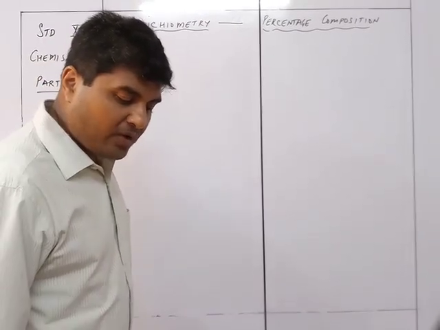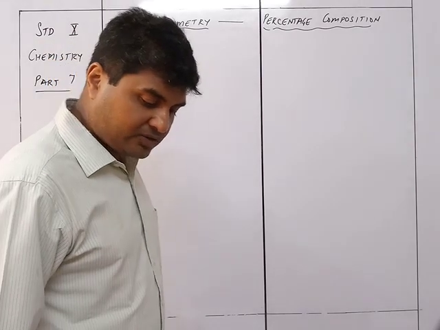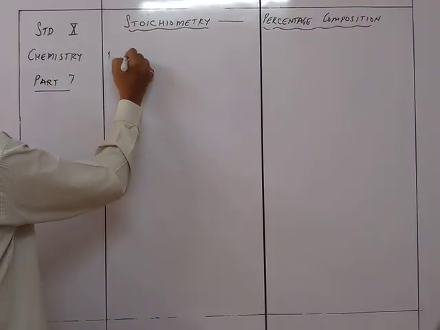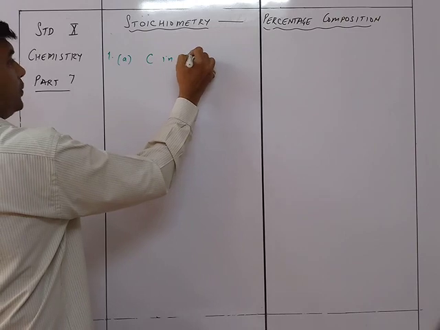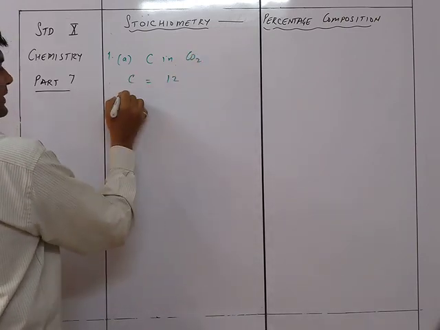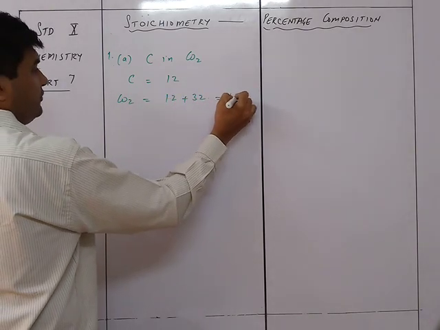Calculate the percentage by weight of C in carbon dioxide, Na in sodium carbonate, Al in aluminum nitrate. So the first is C in CO2. We know C is 12 and CO2 is 12 plus 32, which is 44.